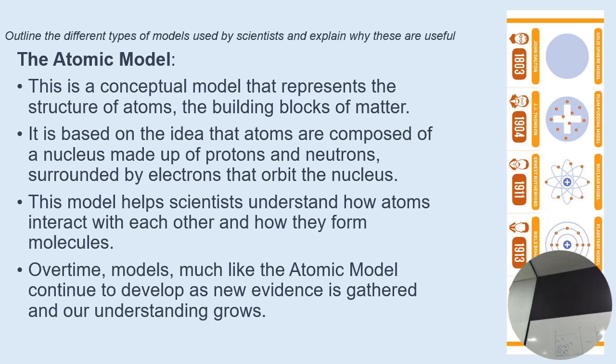So in 1803, John Dalton came up with this idea of a solid ball, a solid sphere of particles all joined together. 100 years later, Thomson came up with the fluid model, a sphere with raisins or crumbs in it, illustrating that atoms have charge.